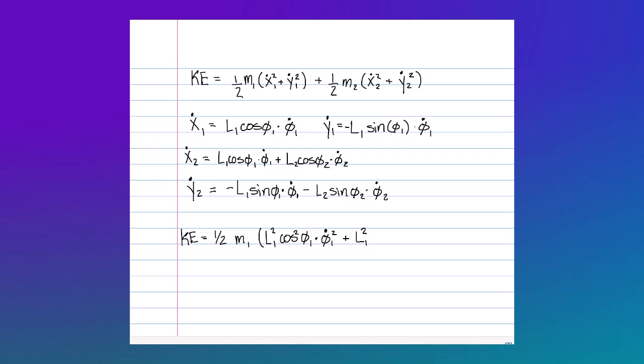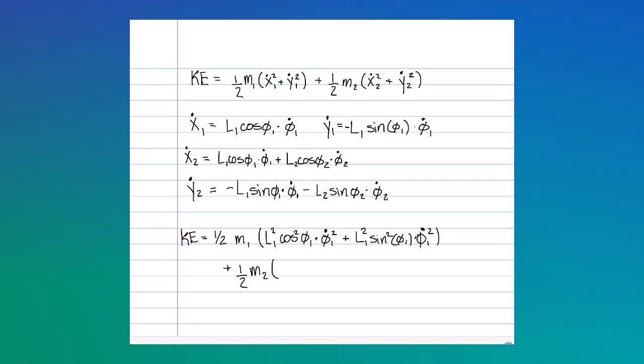You can see that immediately for this first term, we're going to be able to factor out L1 squared and phi1 dot squared, and the cosine squared of phi1 plus sine squared of phi1 that are left over will combine to just a factor of 1. The second term is more complicated because of cross terms.